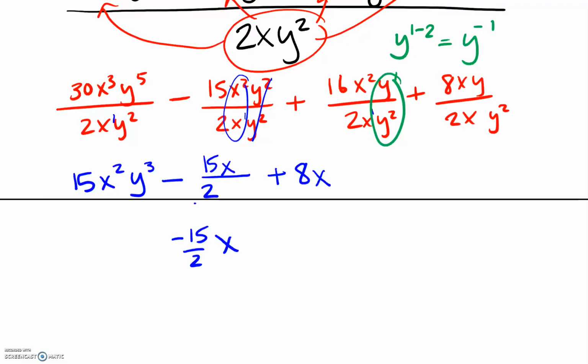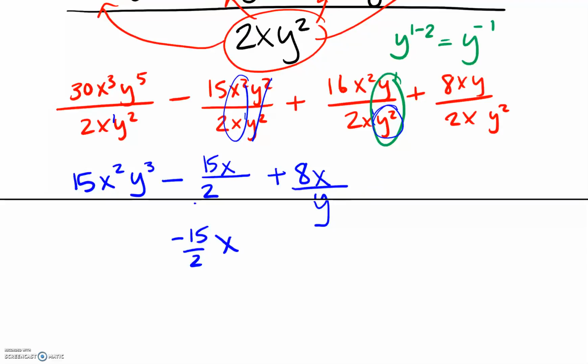Most textbooks, most teachers want you to always have your positive exponents. So what we should do here is leave our fraction and put the y in the denominator here. I always think of these things as sort of a boxing match, and in this case, y squared is bigger, so that's why our y is going to end up in the denominator. So there's our third term.